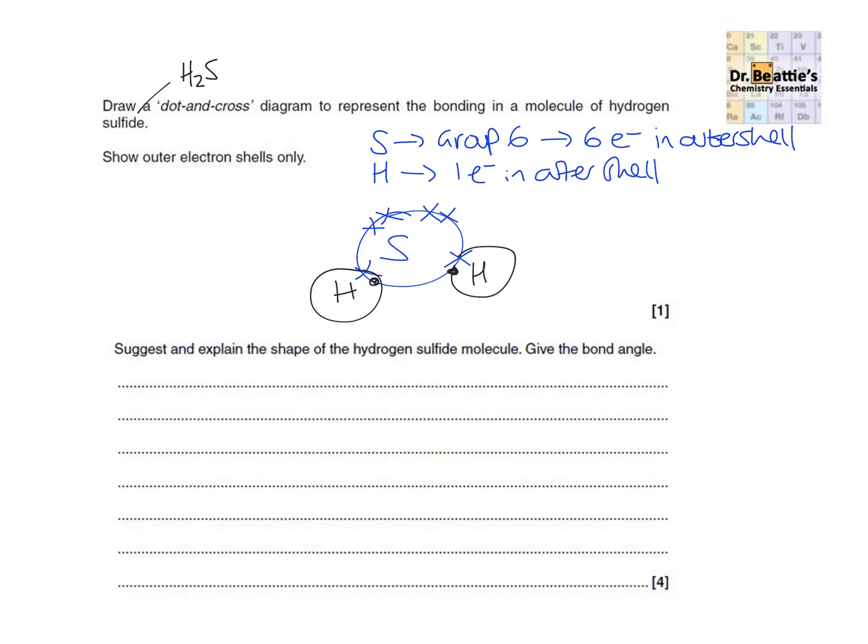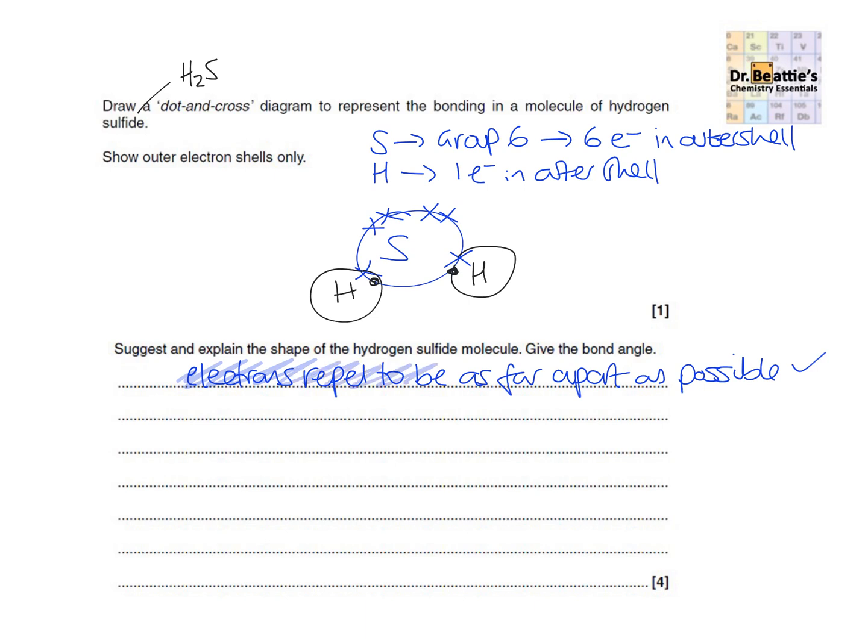So in terms of this 4-mark question, the first thing you should always state when dealing with any shapes of molecule question is that electrons want to repel to be as far apart as possible. Now, I can't stress enough that this is such an easy thing to memorize, but in so many answers, you don't see this sentence.